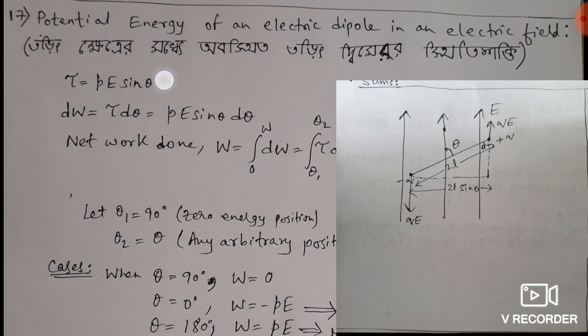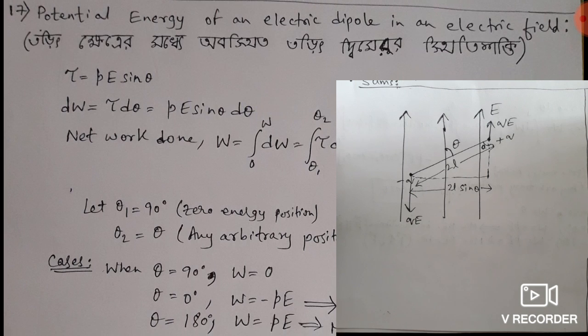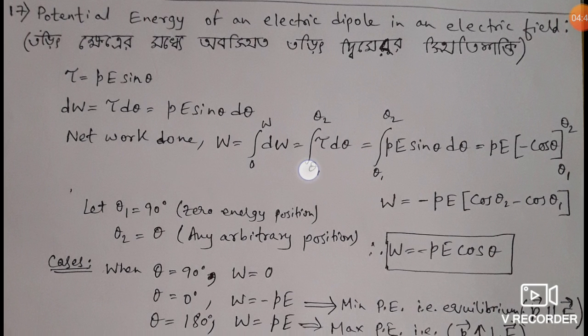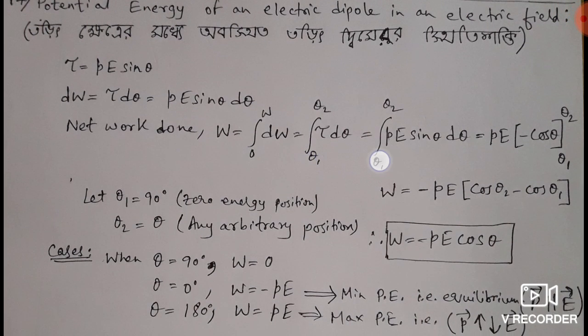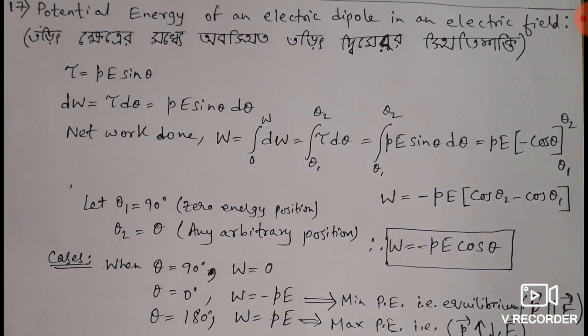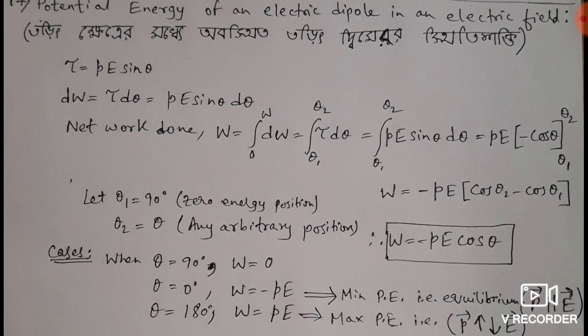Now putting the expression for tau, PE sine theta d theta, we get the work done W equal to the integral of tau d theta. Let the initial position be theta 1 and final be theta 2. So putting the value of tau d theta, we get the expression.